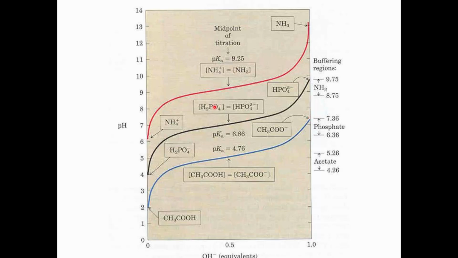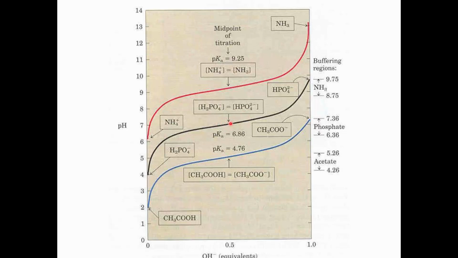Here we have the phosphate buffer system. Now, as we add hydroxyl, we go from the dihydrogen phosphate form at the pKa, which is 6.86. We'd be 50% dihydrogen, 50% monohydrogen. That would be the best buffering capability.